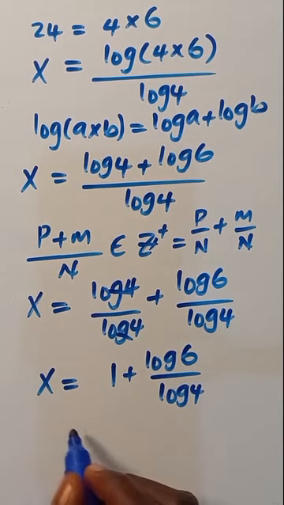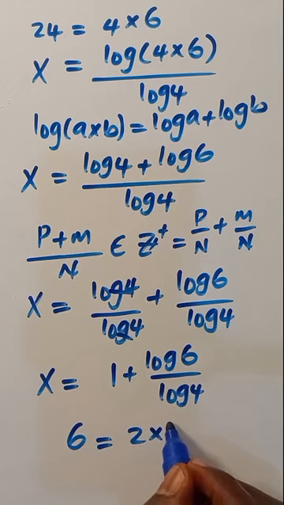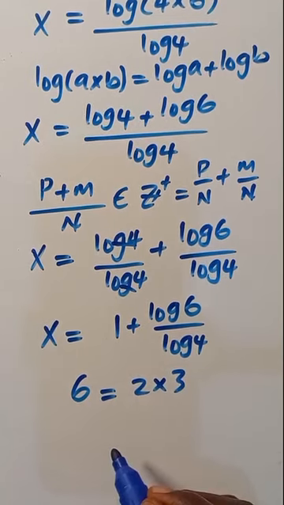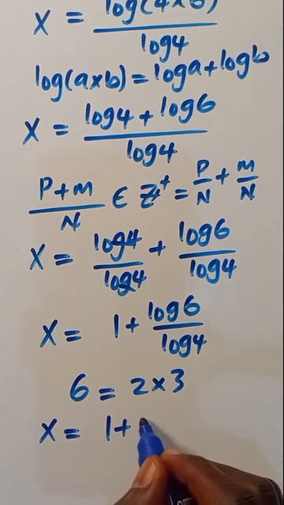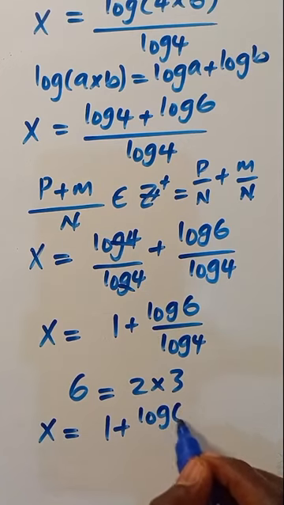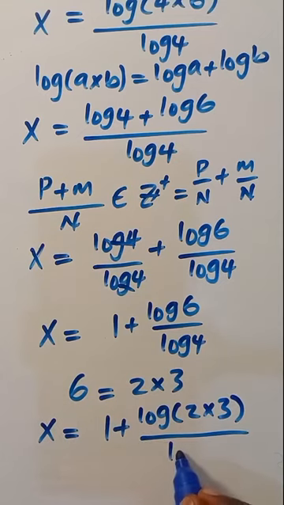Again, we can also have 6 as the product of 2 times 3. So we have x equals 1 plus log of (2 times 3) over log 4.